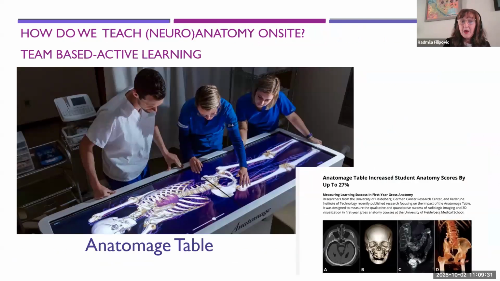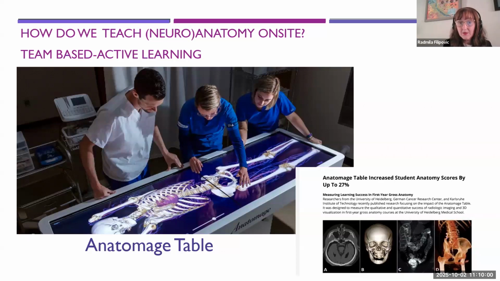So how do we teach neuroanatomy at UConn? We are very lucky to have the Anatomage table, which is basically one big iPad where all images from the cadavers are rendered in 3D, and the students can use it with different tutorials and different platforms, where they can learn different systems.